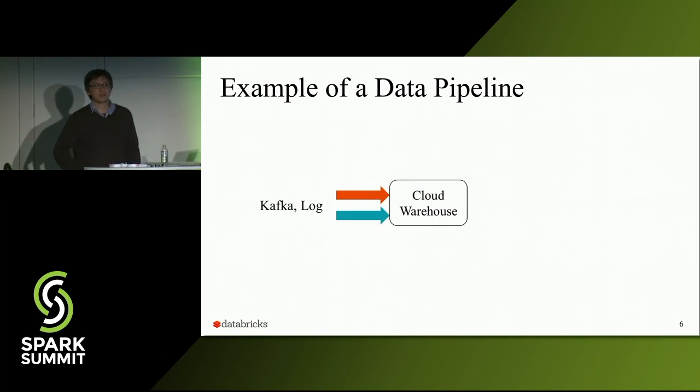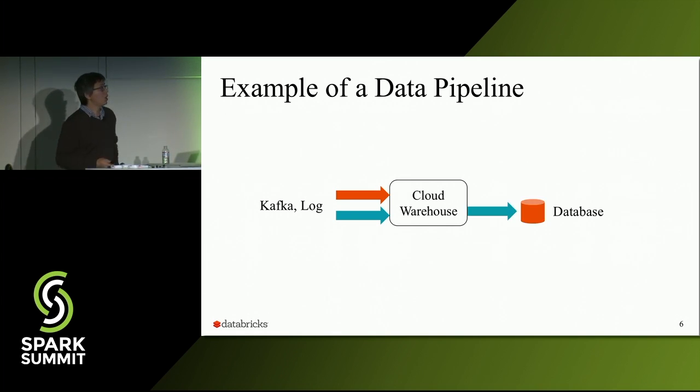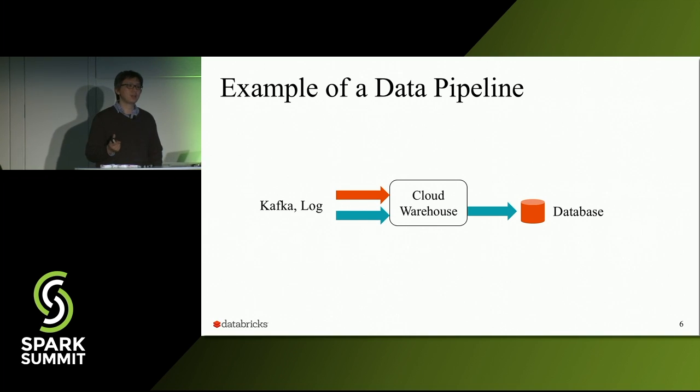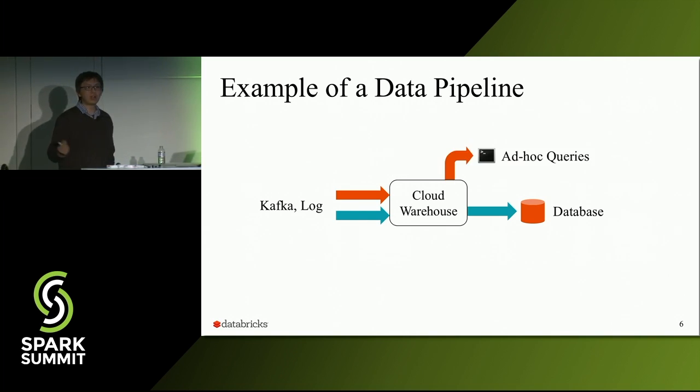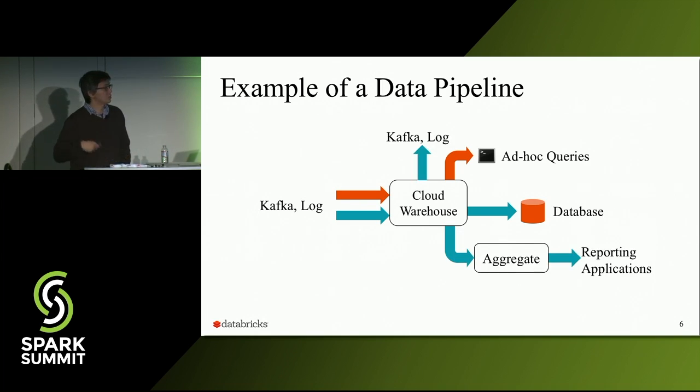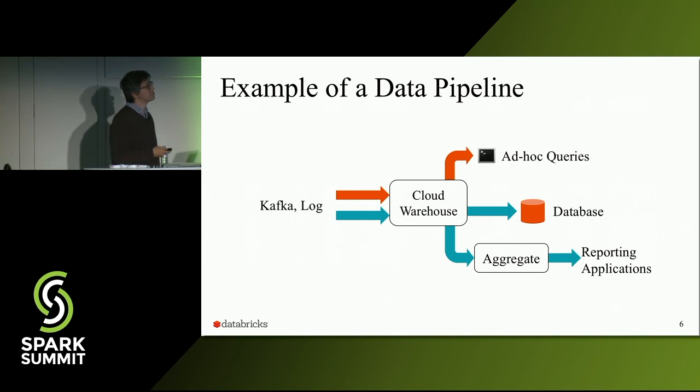So let's see this example. We read the data from Kafka, from a log, do some transformation, and put it in the cloud warehouse. We can store it back to the database for some OLTP workloads. We also can directly query the data, or do some aggregation and send it to the OLAP applications.